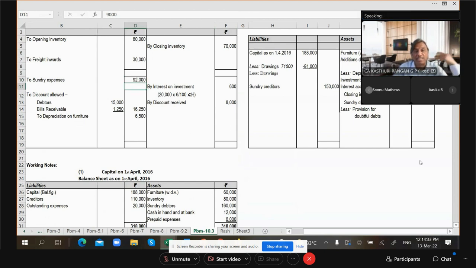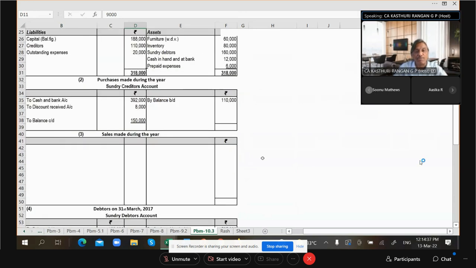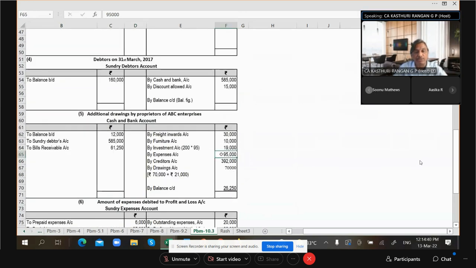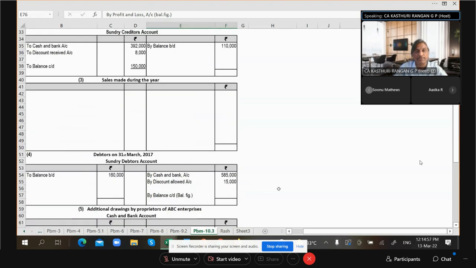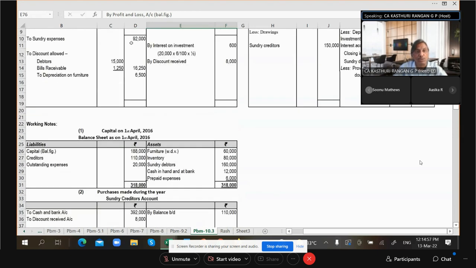Because outstanding expense, prepaid expense, opening, closing is there. Actual amount paid is 95. So expense account debit to bank account 95. After adjusting for outstanding and prepaid expense, the amount to be taken to P&L is 92,000. That is what is taken in the P&L. Okay, 92,000. Clear? 92,000 sundry expense. Next.